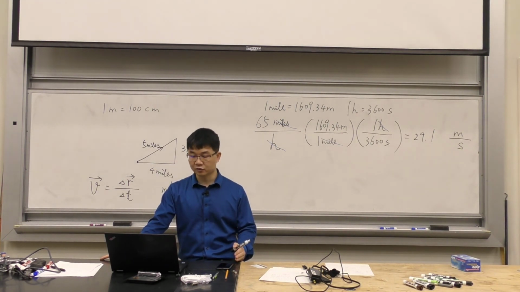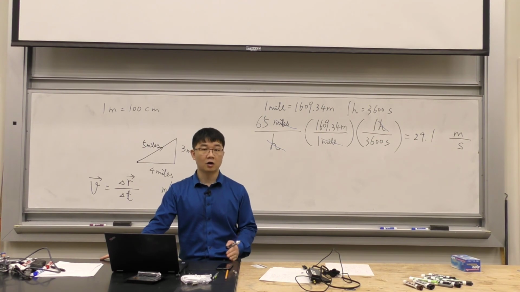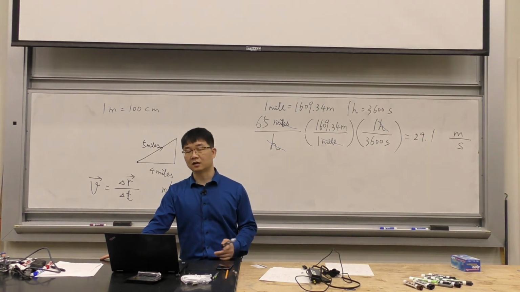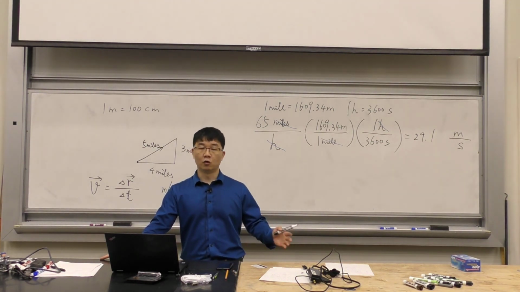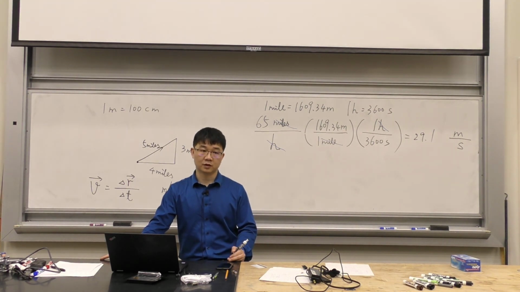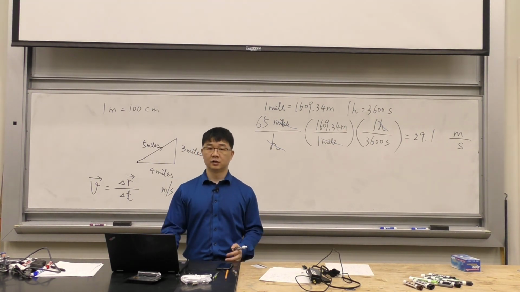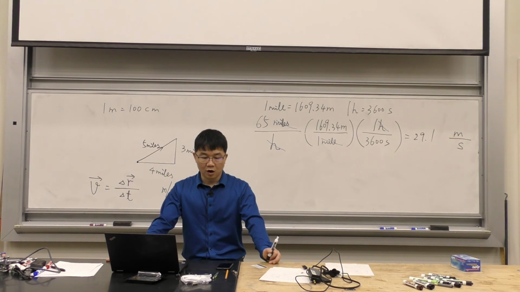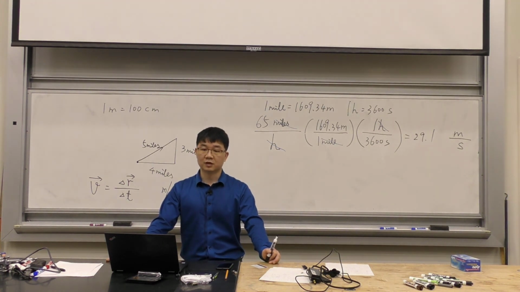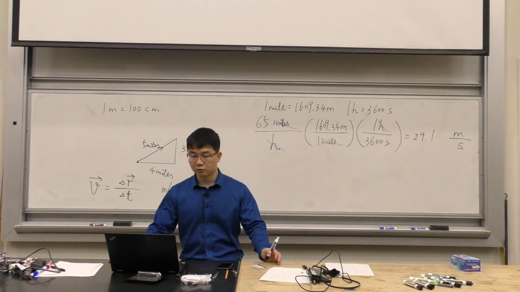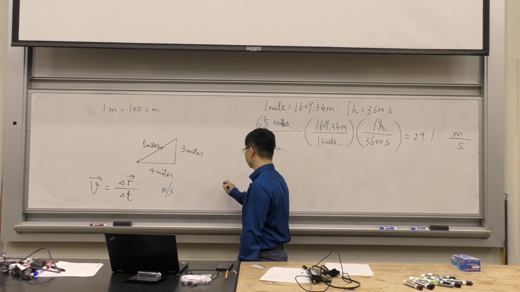As I said, it's actually very hard to maintain a constant velocity in real life, right? Look around you, right? Things are moving. It's very hard to find anything moving at a constant velocity for a long period of time, right? So the velocity always changes. So if you want to study motion of objects in real life, sometimes you are interested in how the velocity changes. So that's when we define acceleration.